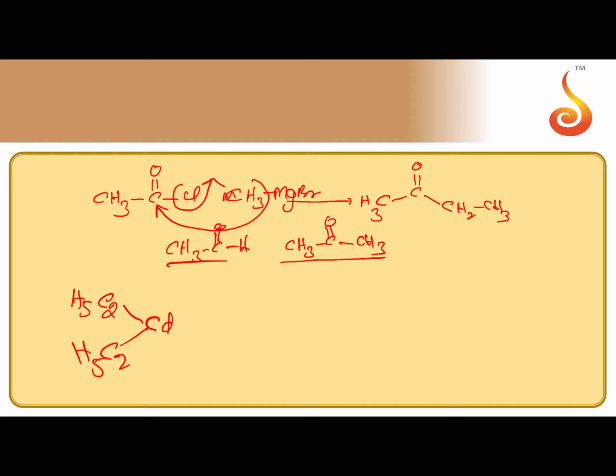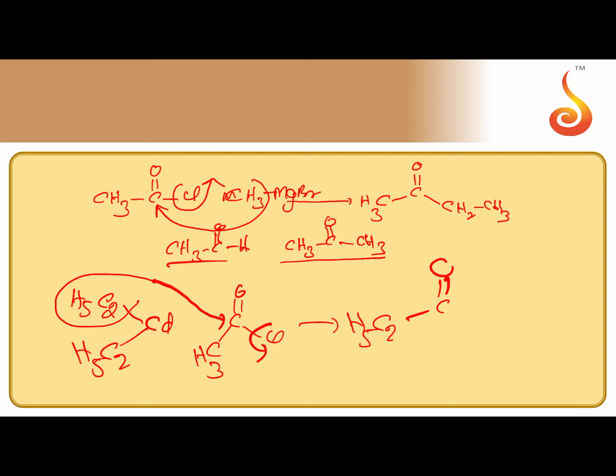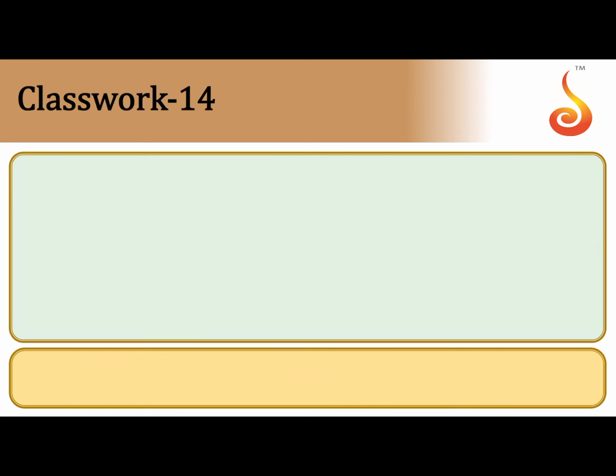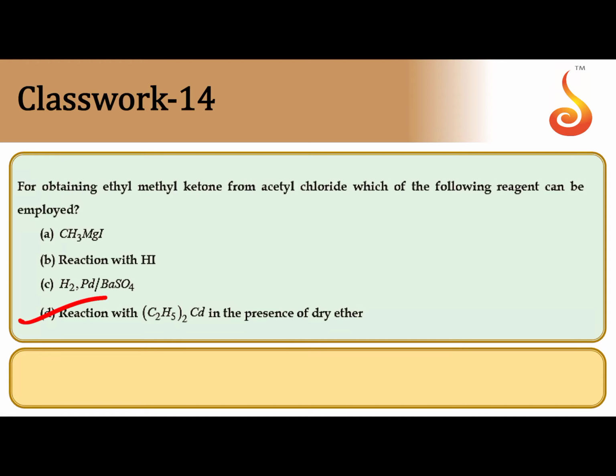Since carbon is attached to the less electronegative cadmium, it acts as a nucleophile. So this nucleophile attacks the electrophilic carbon of the acetyl chloride, then C2H5 on one side, CH3 on the other side. This is the correct answer. So the correct answer is reaction with diethyl cadmium.